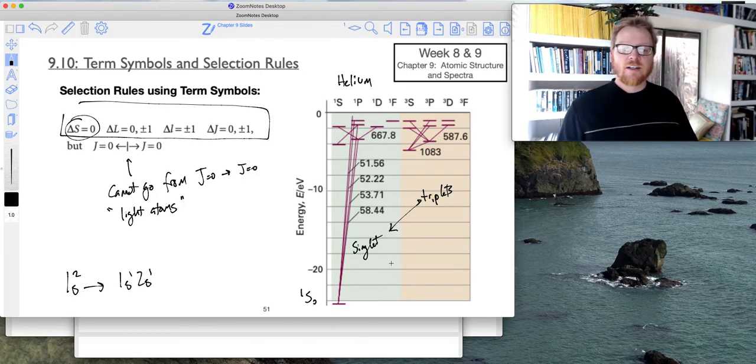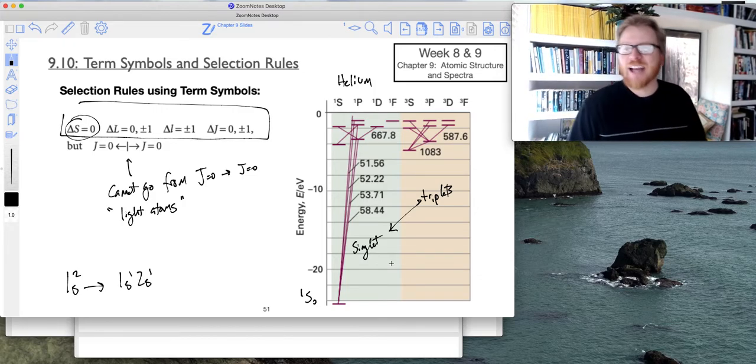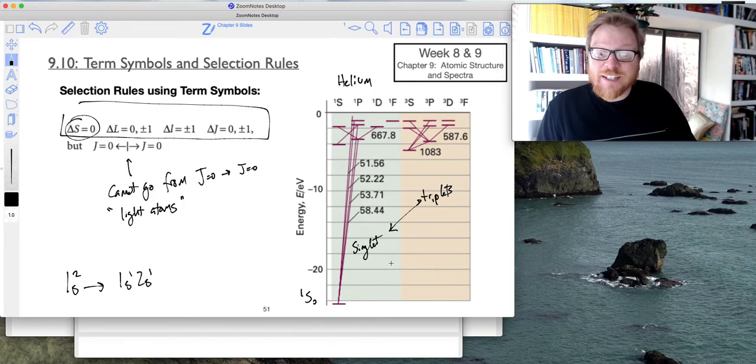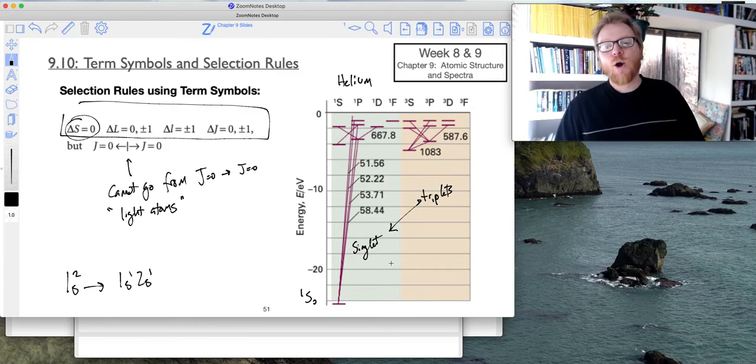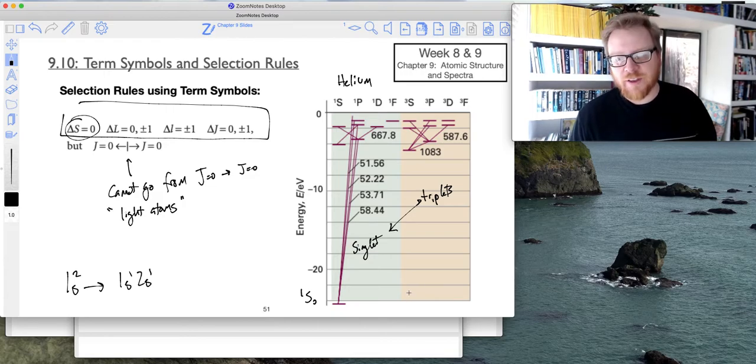And that is hardly ever observed in atoms, but oftentimes in molecules, we can get conversions from singlets to triplets. I'm going to talk more about that exception with molecules as opposed to atoms, because very rarely do atoms, especially the lighter atoms, break these rules.